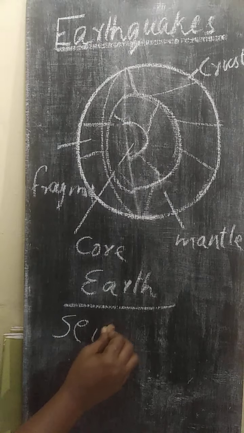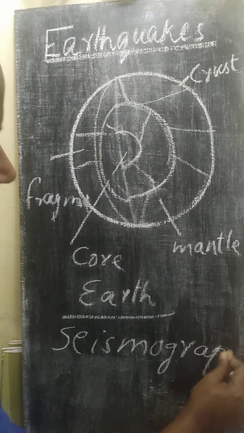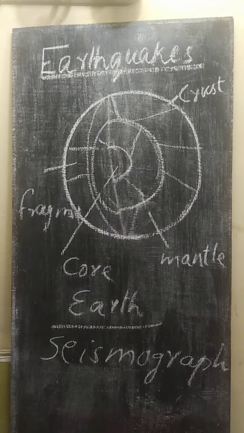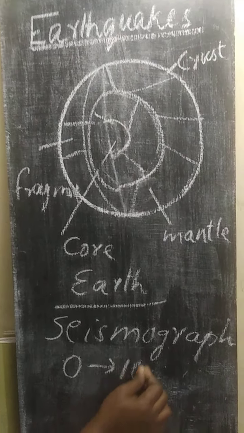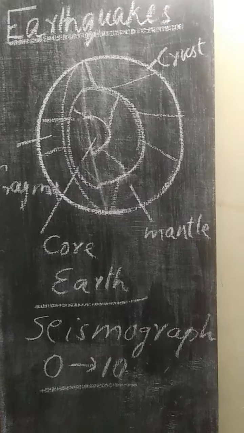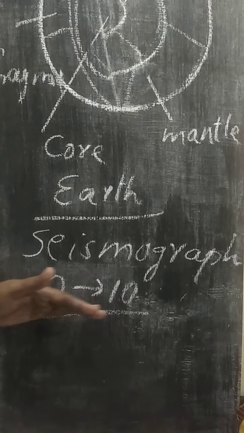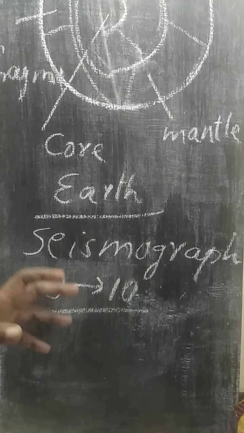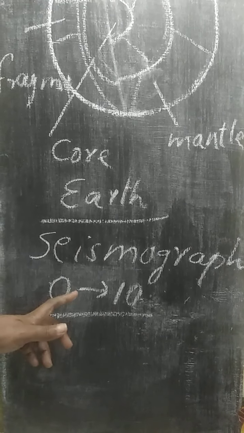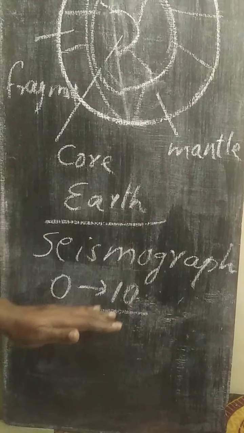A seismograph is a device used to measure the strength of an earthquake, on a scale from 0 to 10. These measurements are shown on the device, and if it is 7, we can say it is a moderate earthquake. If it is 9 point something or 10, that is a major earthquake.